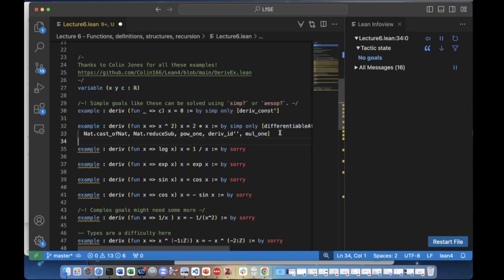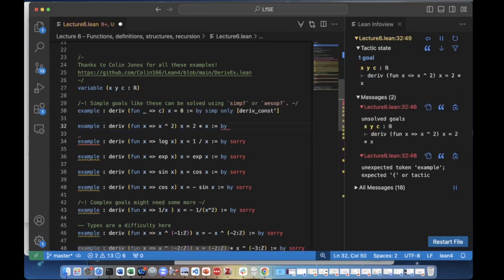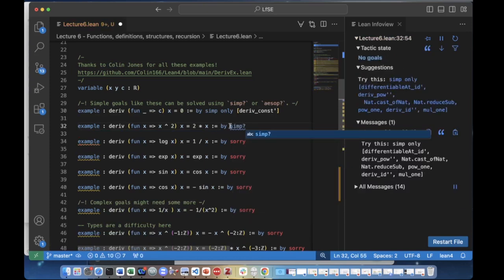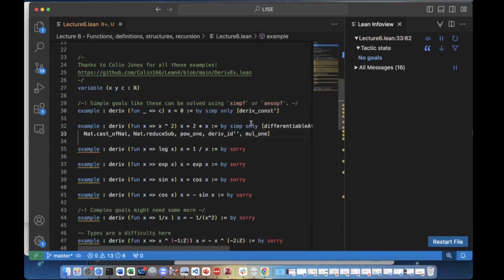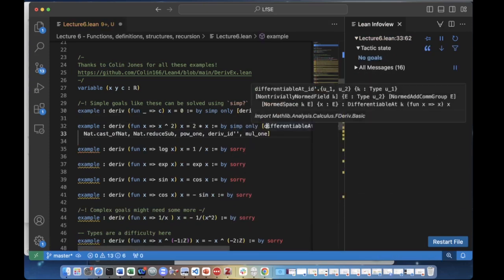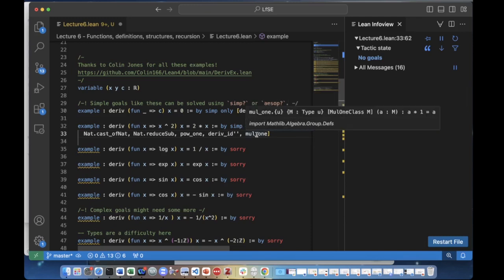So that's unpacking this example in all these different little parts. That's one of the neat things to do: if you can close a goal, and maybe you're sitting here and I don't know how to do this, but you can close it with simp question mark. Well, after you have the proof, you can go and learn more about what exactly happened and what kinds of theorems did Lean go and draw from in order to make this proof.